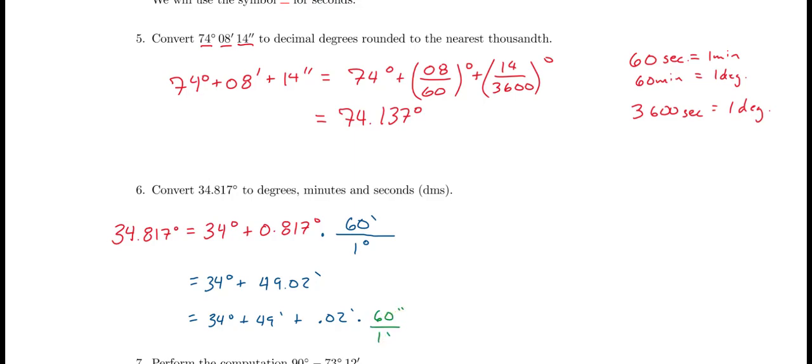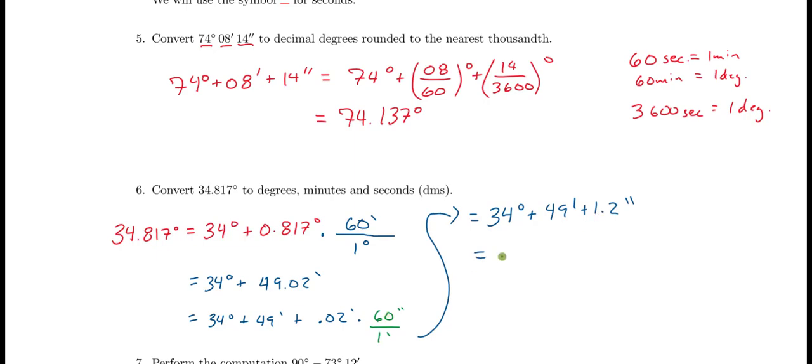And if I did that multiplication, which again I did beforehand on a calculator, you'll need a calculator for this, we get 34 degrees plus 49 minutes plus 1.2 seconds. When I do 0.02 minutes times the fact that there are 60 seconds per minute, that's what I end up with.